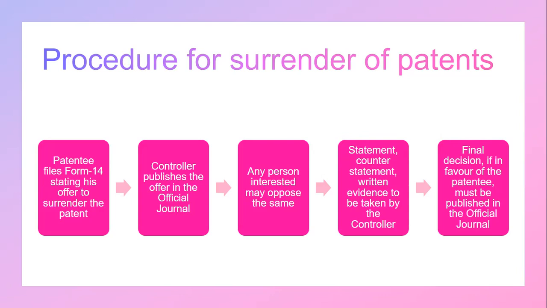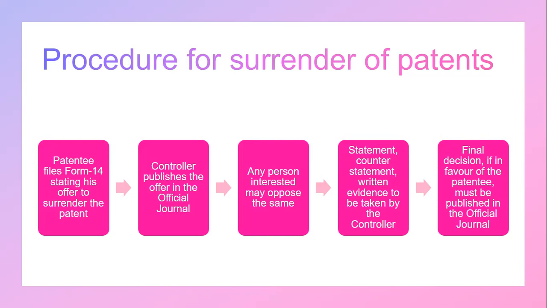So always remember that if any status quo is being altered, the fact will be published in the official journal. And if there is any offer being made which might affect some other party, the law will always say that the other party should have an option to intervene by opposition or by joining or whatever. So these are the two basics which you have to remember for this law.